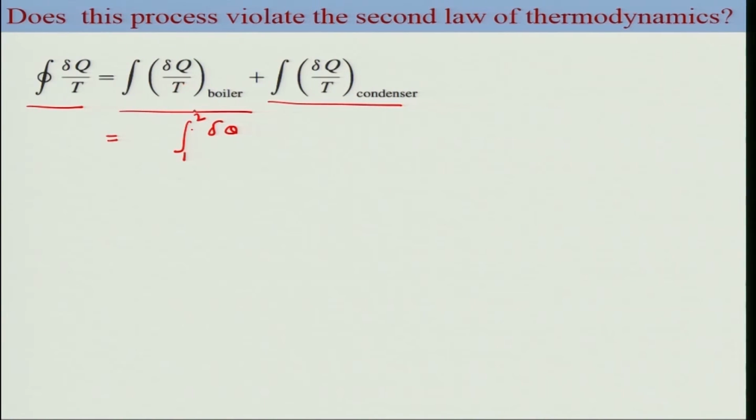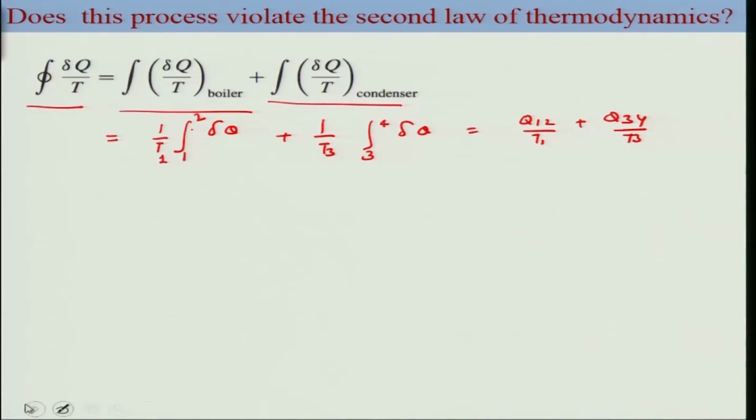Now the temperatures of the boiler and the condenser are constant. So this is T1, and this is 1 by T3, 3 to 4 del Q. In other words, we can write it simply as Q1 2 by T1 plus Q3 4 by T3.